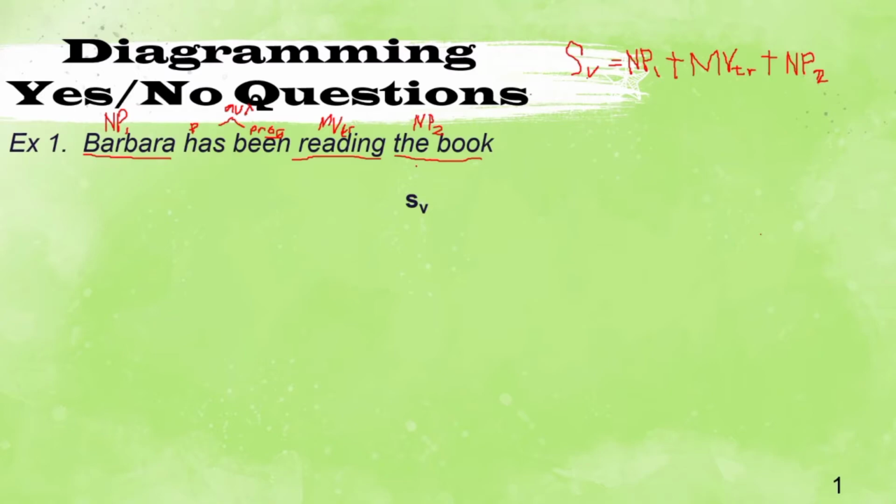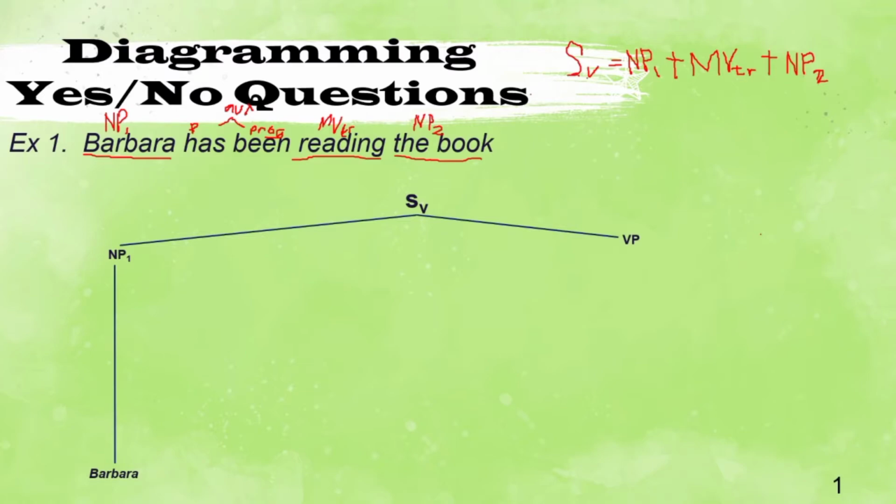S5, which stands for sentence 5, is going to be at the top of every diagram or every structural formula. Then as we go down, things will start to differ. It consists of the NP followed by the verb phrase. So our noun phrase subscript 1 is Barbara.